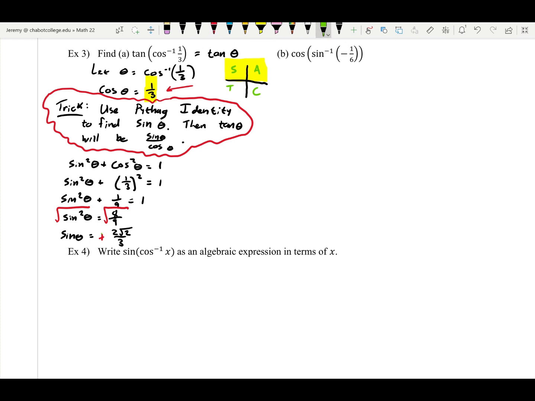Okay, and maybe I'll label this with a different color, green. And I'll just say positive since theta is in quadrant 1.